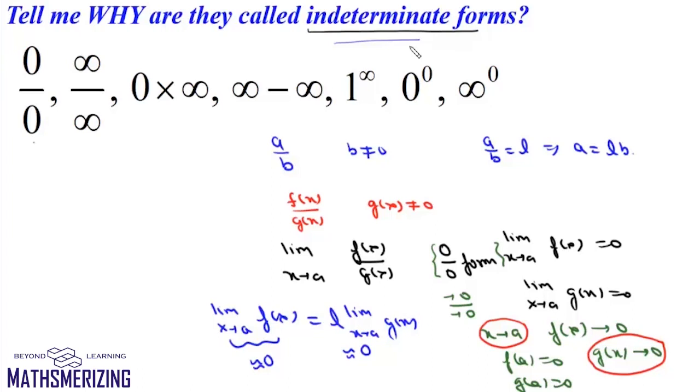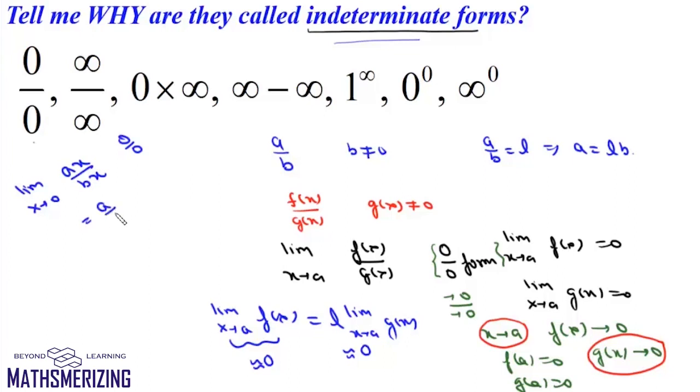Now for example, suppose we have this limit, limit x tends to 0, ax upon bx. Now if we put x as 0, then it is 0 upon 0 form. Now since x approaches 0, x is not exactly 0, we can cancel x with x.